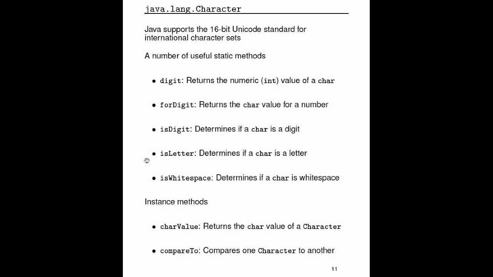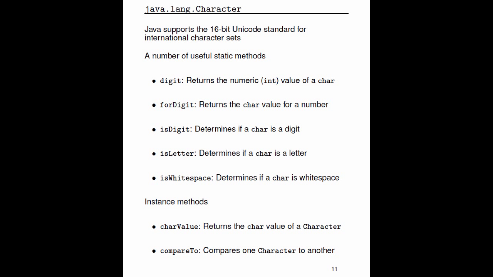So you might think back to your CS 101 course where you learned about ASCII and you said, oh, well, I know what a letter is. That's easy. It's always in the range big A to big Z and then little a to little z, because those aren't contiguous.